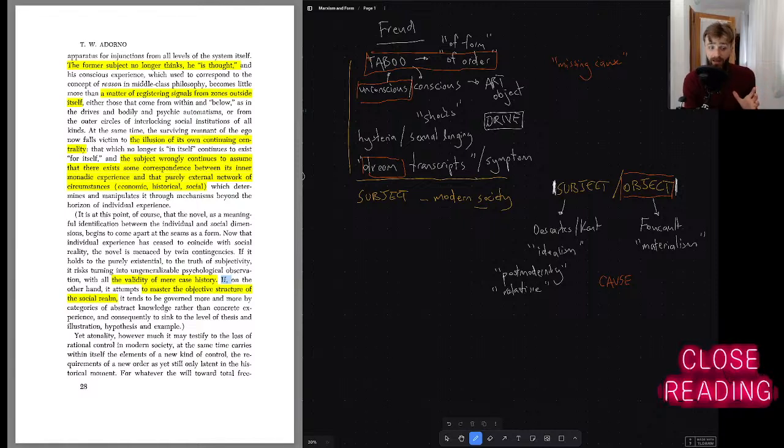If, on the other hand, it attempts to master the objective structure of the social realm, that is, if the work of art is fully representative of the things in the social world, if it is fully objectively produced, it tends to be governed more and more by categories of abstract knowledge rather than concrete experience, and consequently sink to the level of thesis and illustration, hypothesis and example.